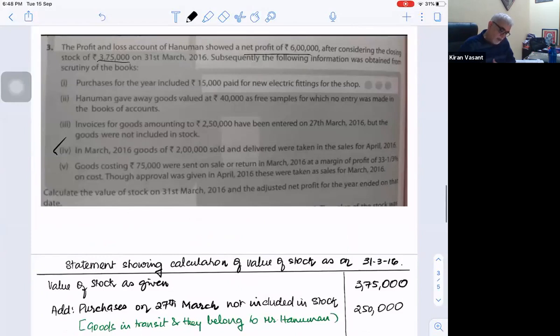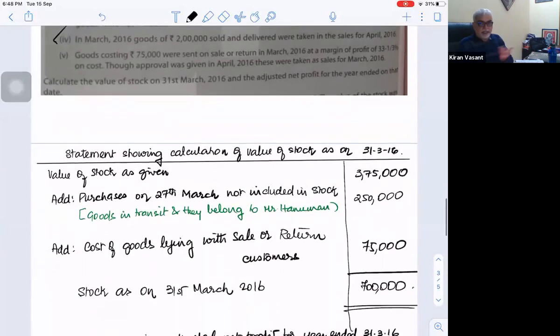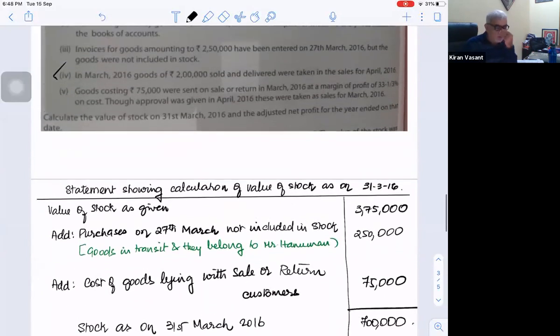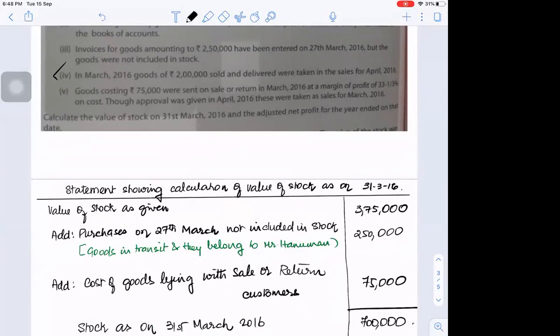Next, Hanuman gave away goods of 40,000 as free samples for which no entry was made. Now, when you give away goods as free samples, what is the journal entry that you pass? Advertisement to purchases.